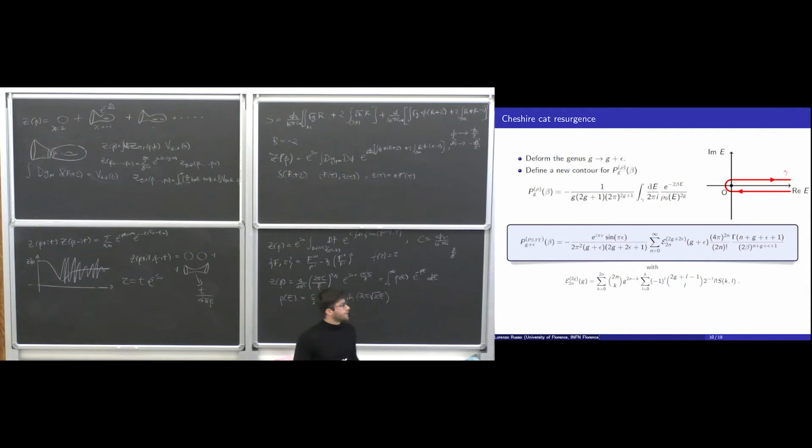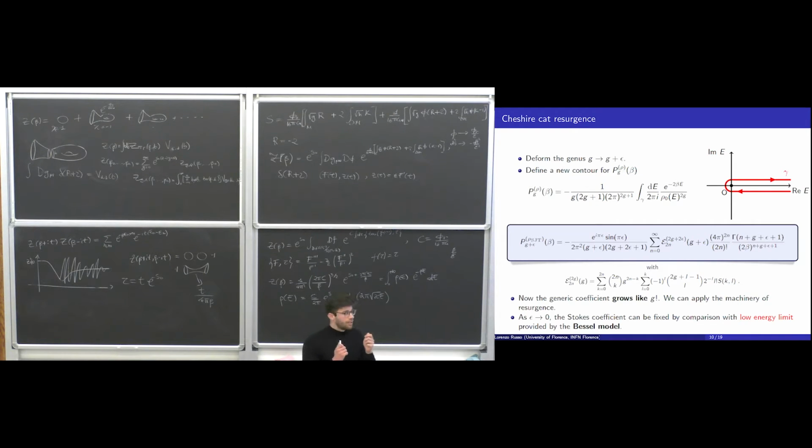And not only does it reappear, but it has some factorial growth in its coefficients, as you can see. These are the coefficients that you would get by deforming the genus to genus plus a small real number epsilon. And of course, in front of everything, you have this sine of pi epsilon, which says that the undeformed theory has a vanishing perturbative series. Okay, very nice. We get this complicated expression, but now we can perform resurgence. And this is actually what we did.